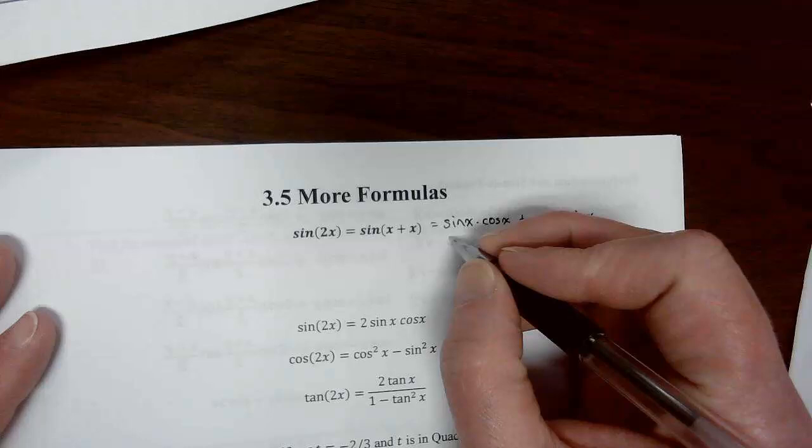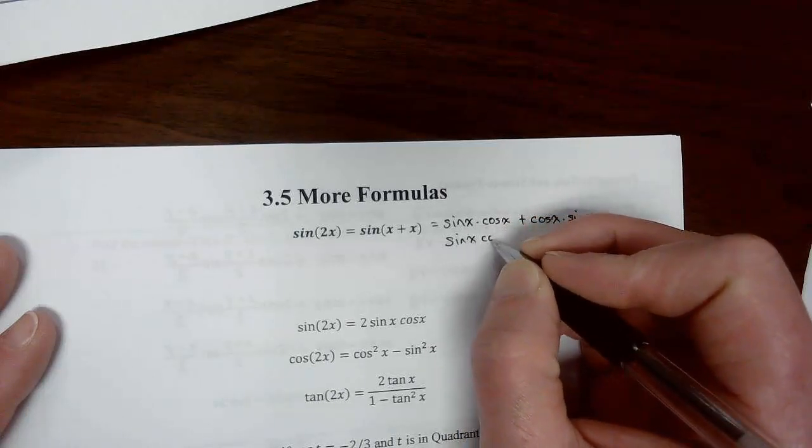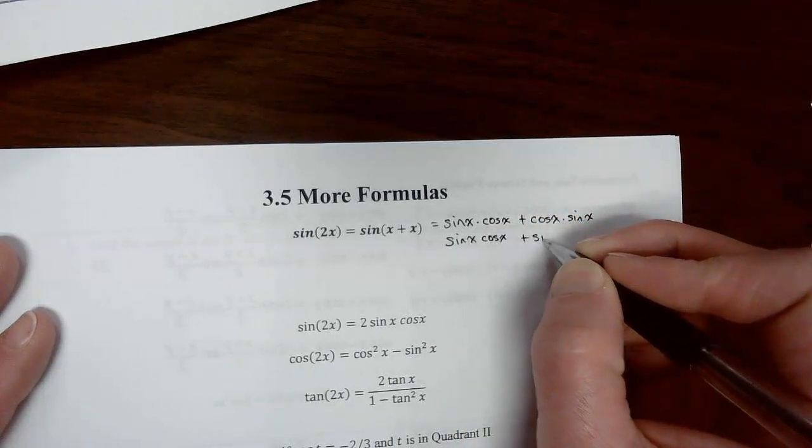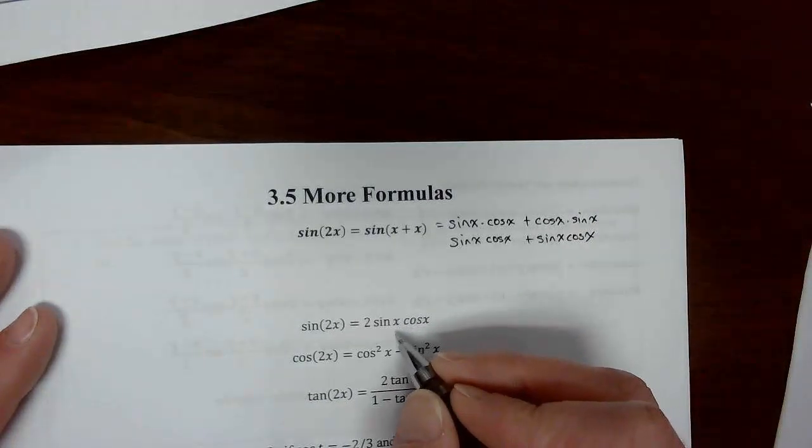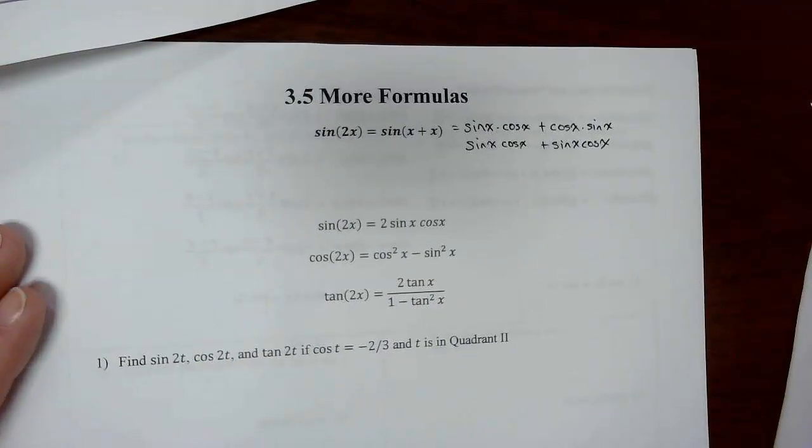Well, look at that. That's really sine x cosine x plus sine x cosine x, which ends up giving me 2 sine x cosine x.